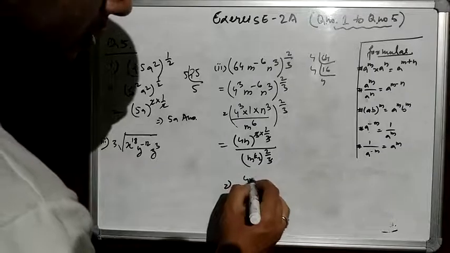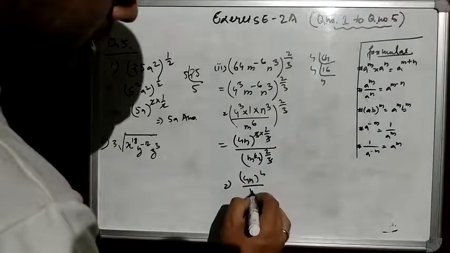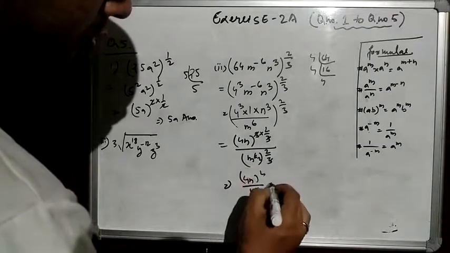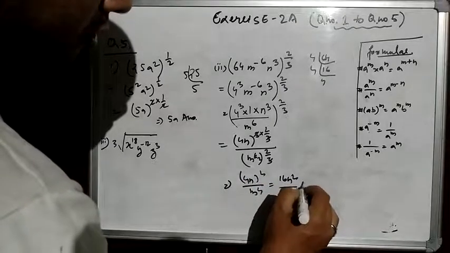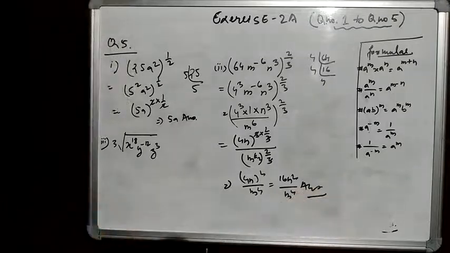So 4n whole square by m 4, 2 2s are 4, 4 4s are 16 n square by m 4. This is your answer.